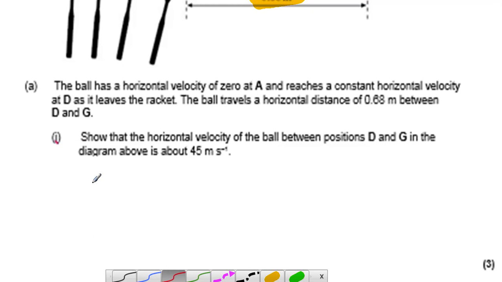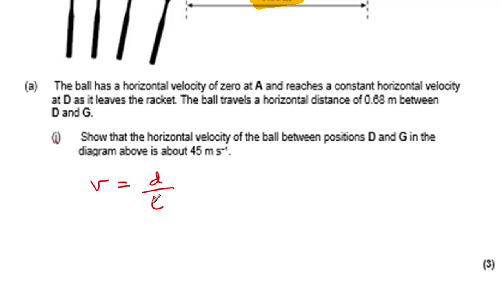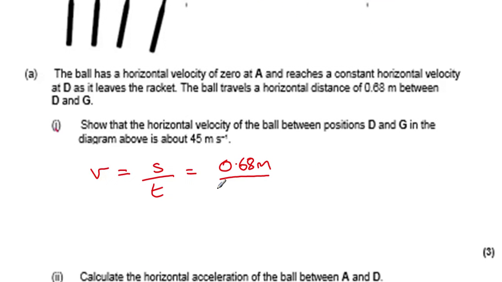So it's simply going to be that velocity is going to be distance divided by time, or as we're using SUVAT, we'll call it S over T. S is 0.68 meters. T is 15 milliseconds. So beware, I'll write it as 15 times 10 to the minus 3 seconds.